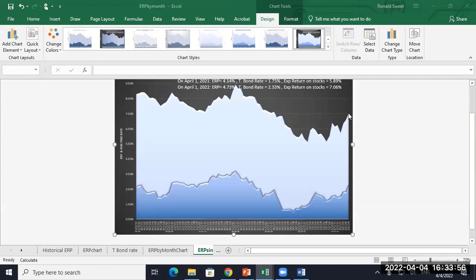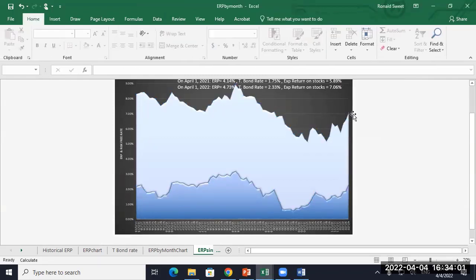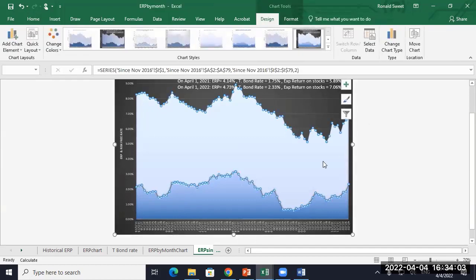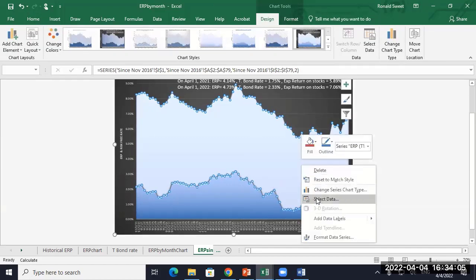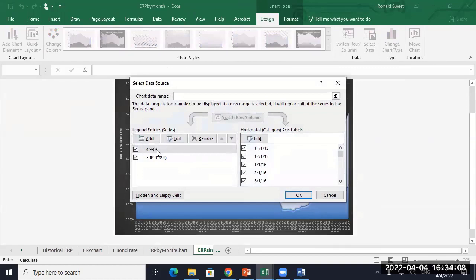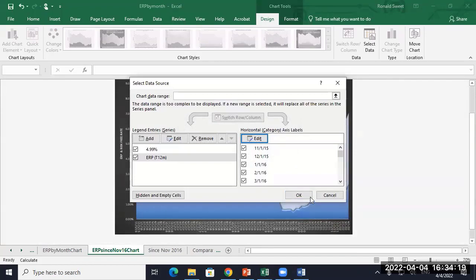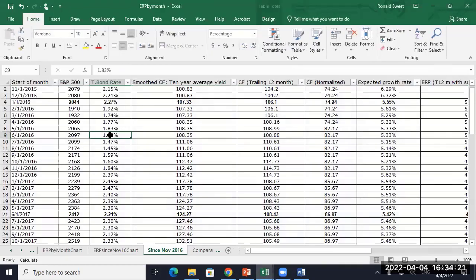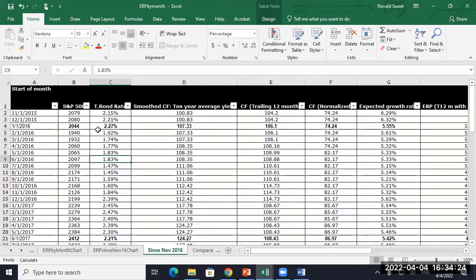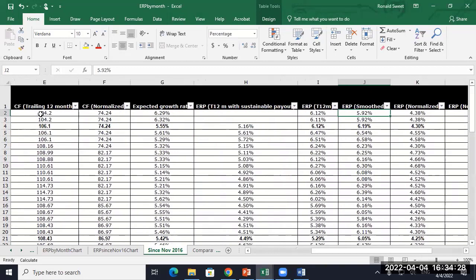He has stocks making... let's see if we can find the numbers. Since November 2016. This is all of his inputs.